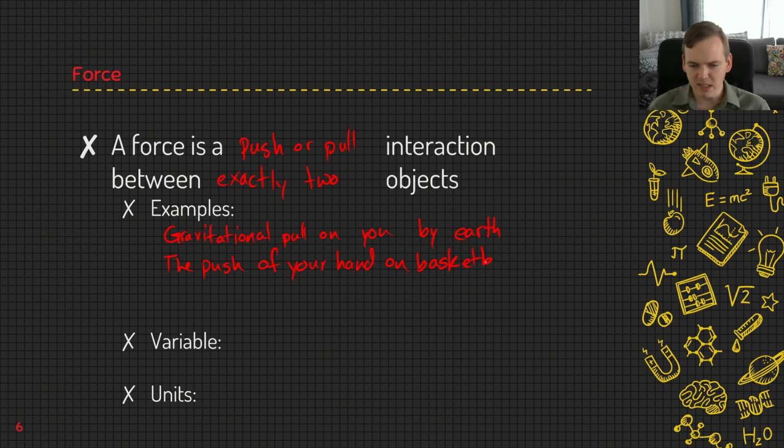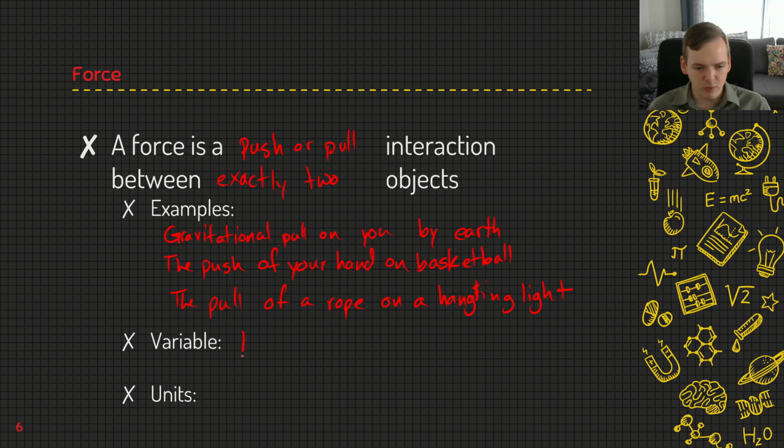So if you push a basketball, you are exerting a force on it. Or the pull of a rope on a hanging light. So if you've got a lamp or a light hanging in your ceiling, there's a force that's pulling up on that light from the rope.